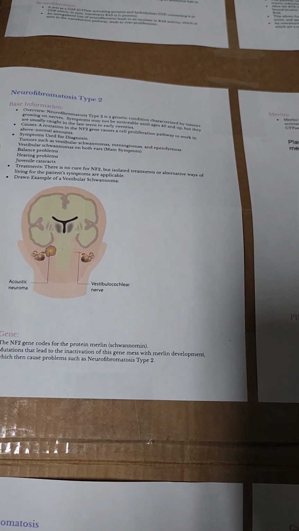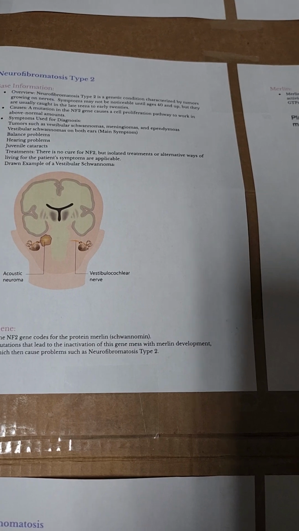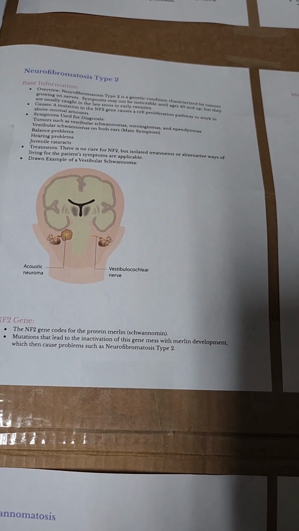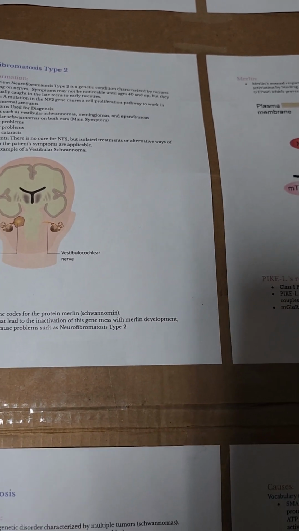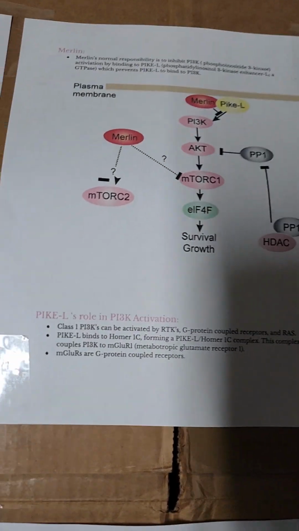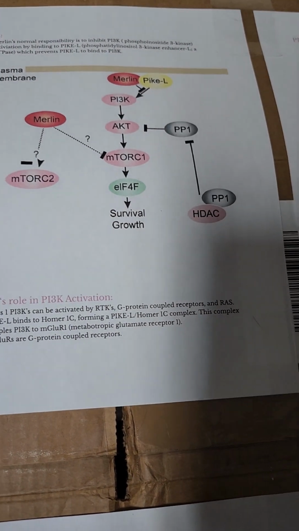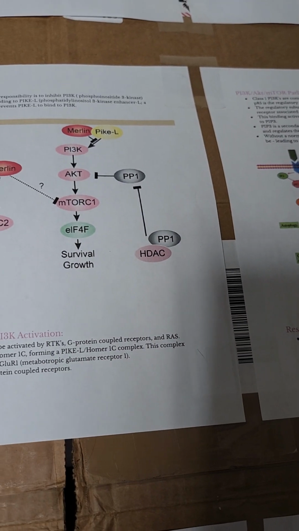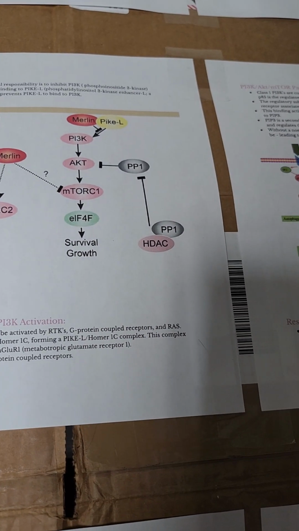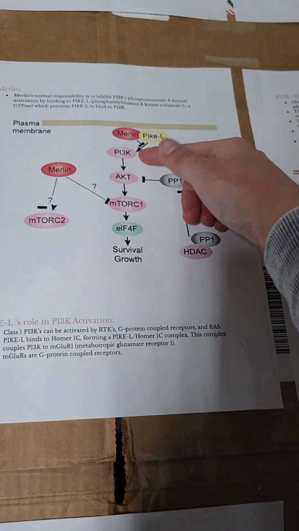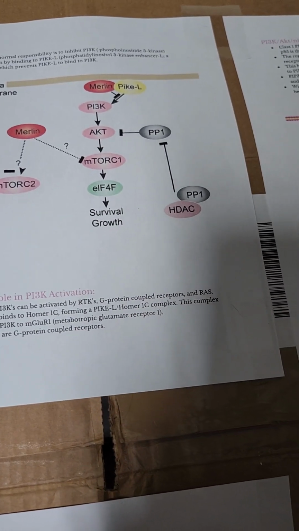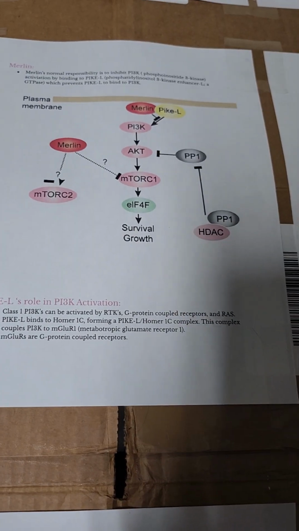This variant of the disease is caused by a mutation in the NF2 gene because this gene codes for the protein Merlin. And Merlin is an inhibitor. It inhibits something that activates, how do I say this? It activates, I want to say PIC. I know it's not, the real name is phosphoinositide 3-kinase.